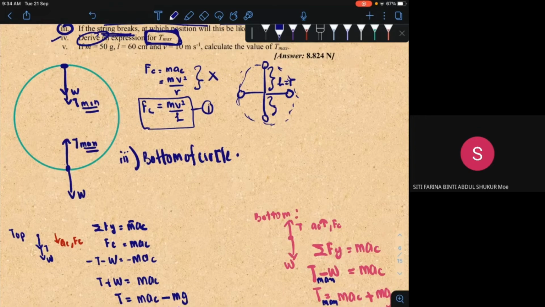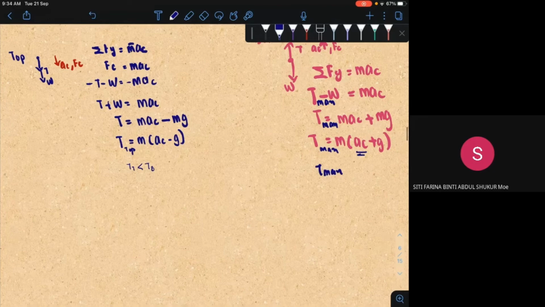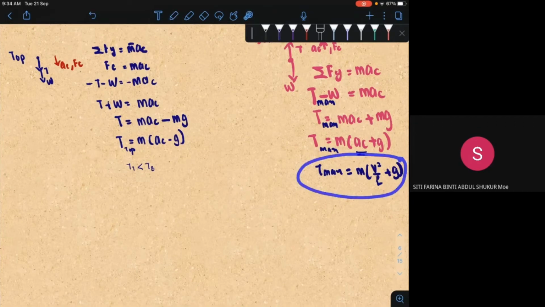Sama dengan M V square over L plus with G. So we only use all the term given in the question. V dia mention dalam soalan, length dia mention dalam soalan, G dia mention dalam soalan. So the T maximum here akan jadi M V square over L campur dengan gravitational acceleration yang dia bagi dalam soalan. So this is how you should end the answer for question number 4.